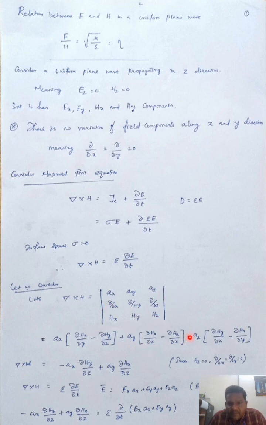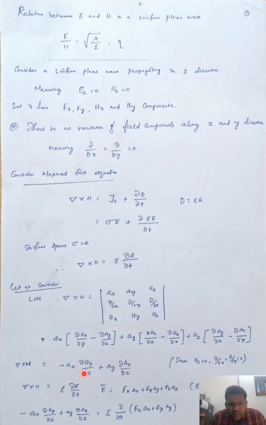Finally, plus Az, with derivatives in the other two directions. As we discussed earlier, a few parameters are set to 0: Ez, Hz, and the partial derivatives with respect to x and y are 0. By applying those conditions, this equation is reduced like this.